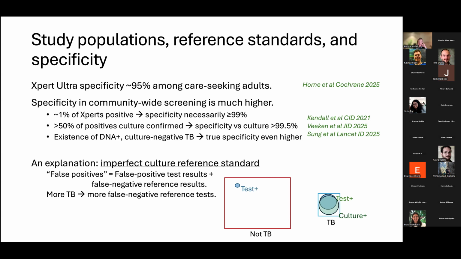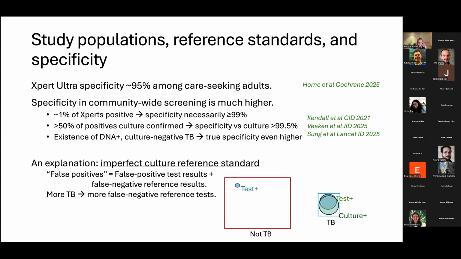And when you're comparing to culture, culture is not a great reference for detecting all of the TB in a population. Culture misses some TB, and that plays out differently depending on the prevalence of TB in the population that you're testing.